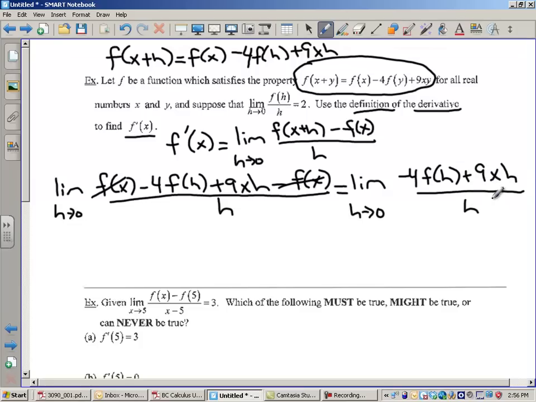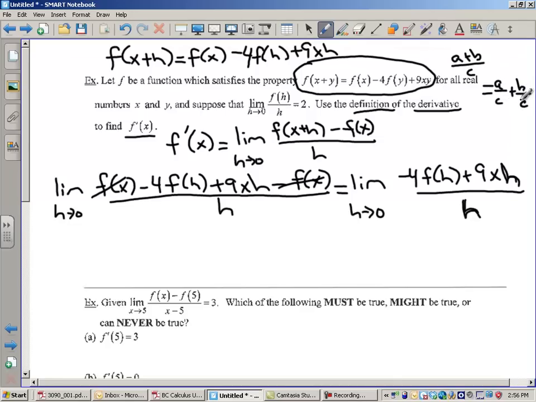over h. Now this is even a more tricky AP-like question because I can't really factor an h out of f of h. So what can I do? I can do something that I learned about limits, and I can separate this into two fractions. Just remember that a plus b over c is equal to a over c plus b over c.